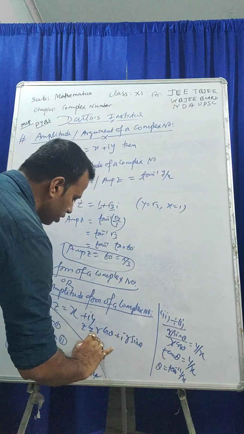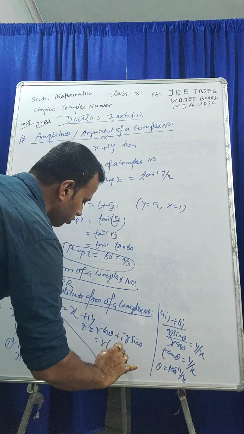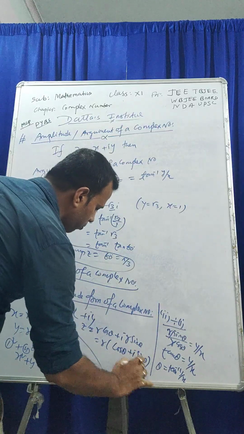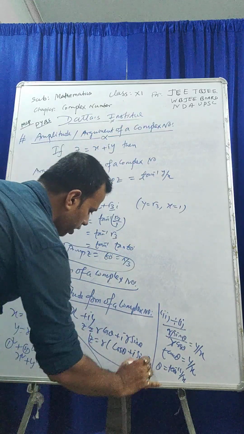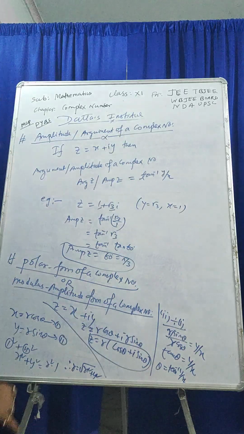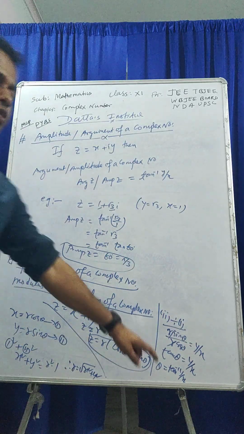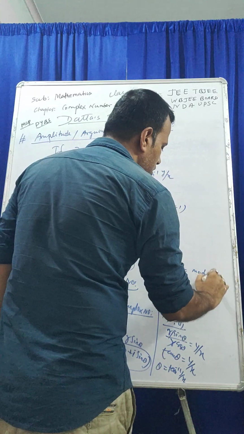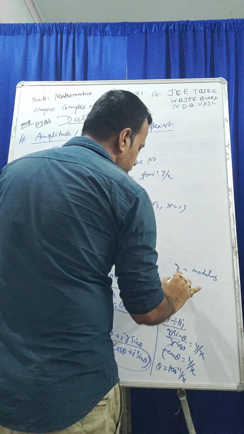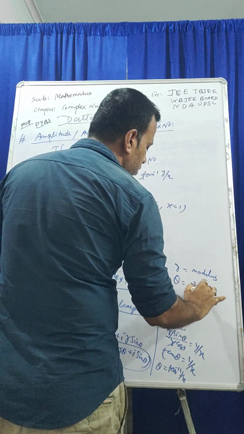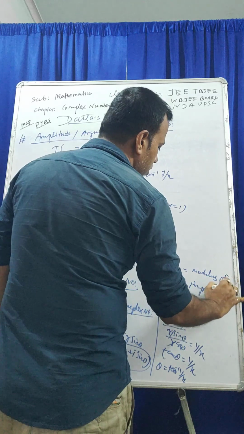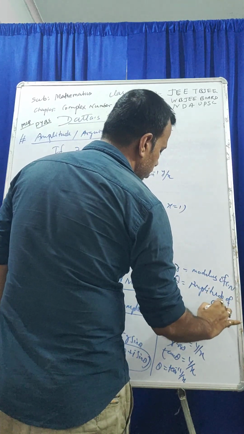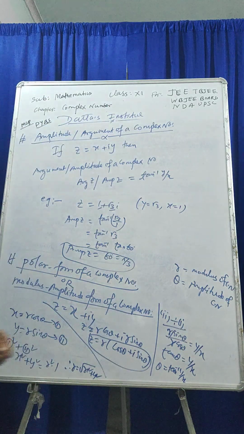If you take r common, this is the modulus amplitude form of a complex number. Here r represents the modulus of the complex number and theta represents the amplitude of the complex number. Got my point?